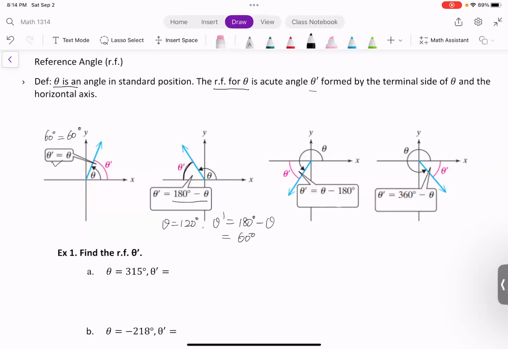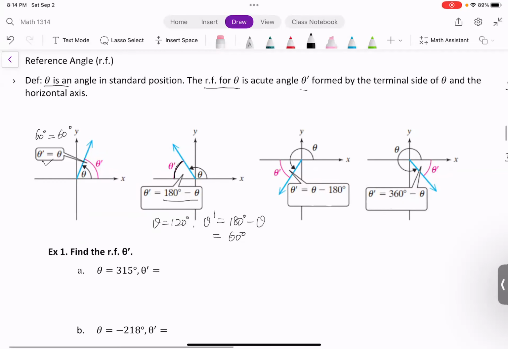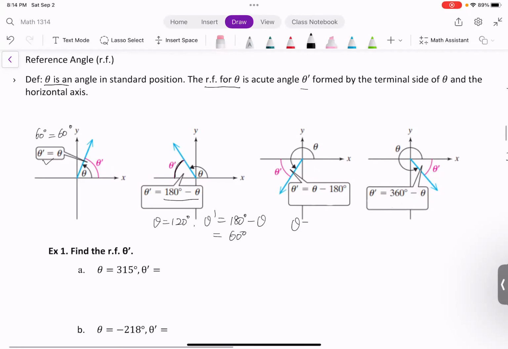So how about the third quadrant? For example, if I have theta equals 225, it's in the third quadrant. How about the reference angle theta prime?